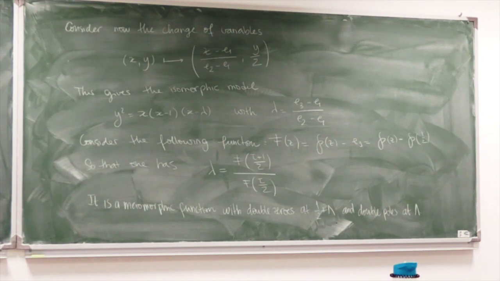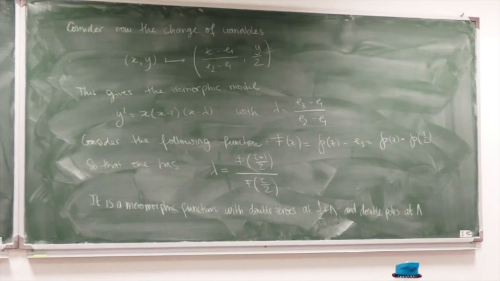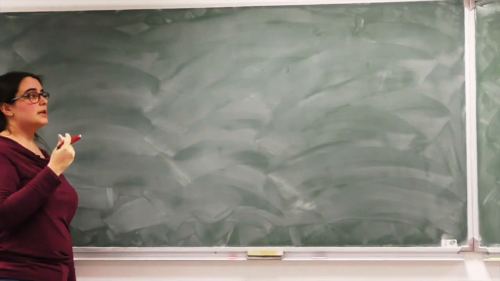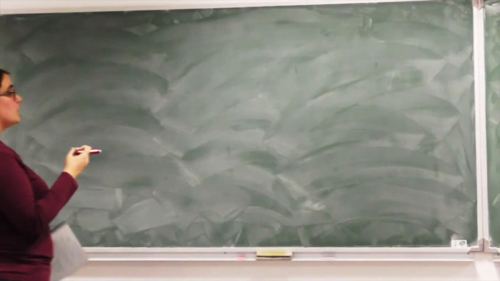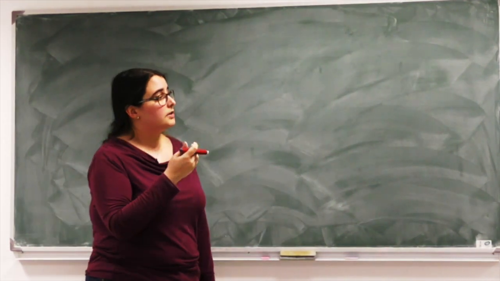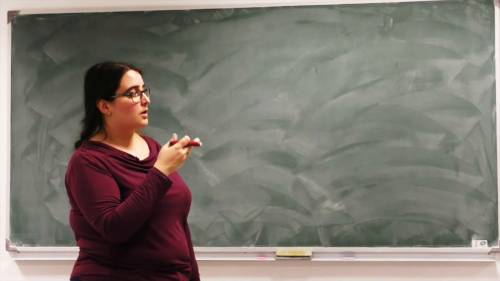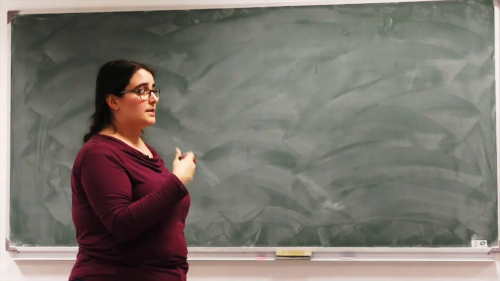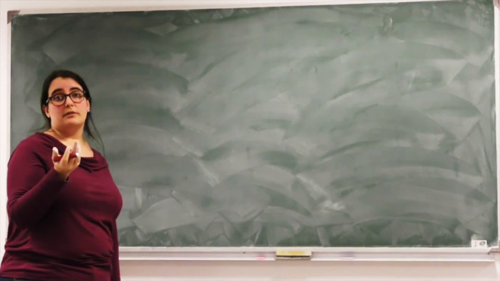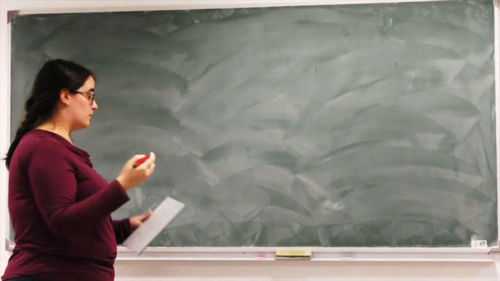So now, these characteristics or conditions of the function satisfy the assumptions in Abel's theorem. So we have that up to a constant, there's a unique function that has double zeros at the points 1/2 plus lambda and double poles at the points in the lattice. And we know that function up to a constant because we saw it in the theorem, right?